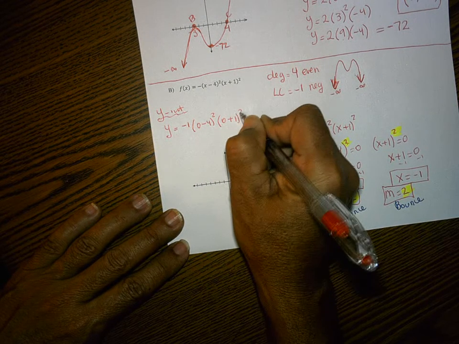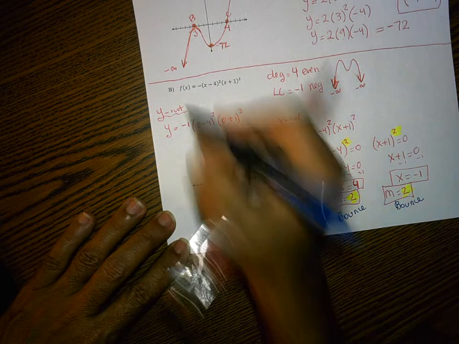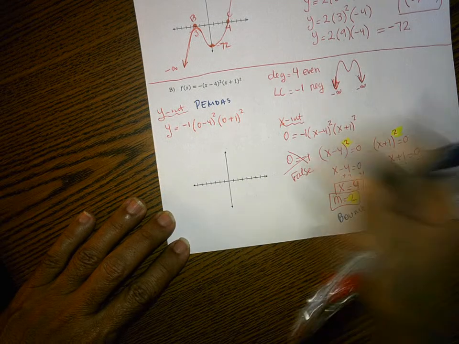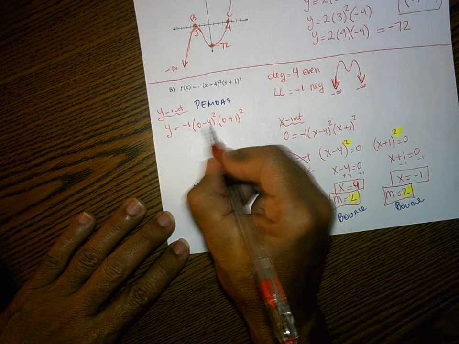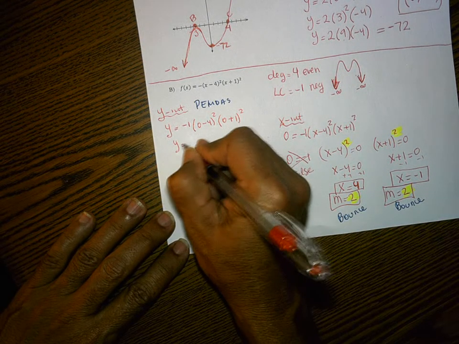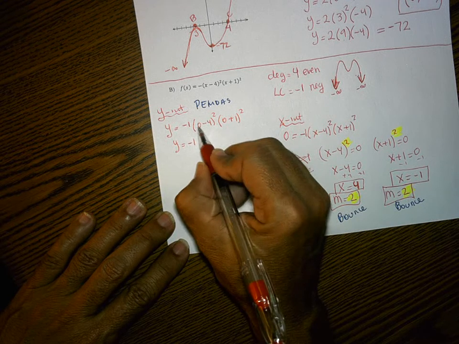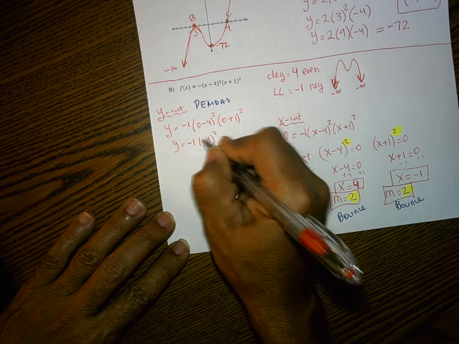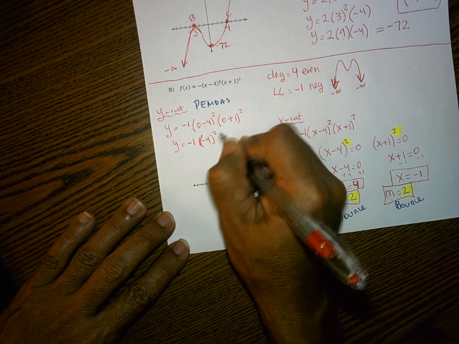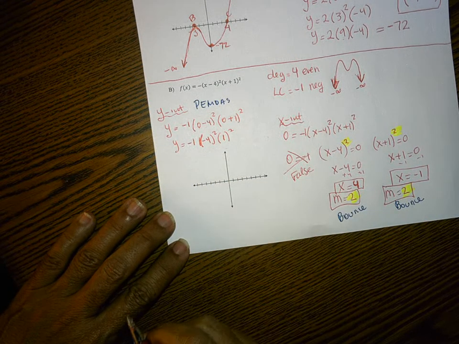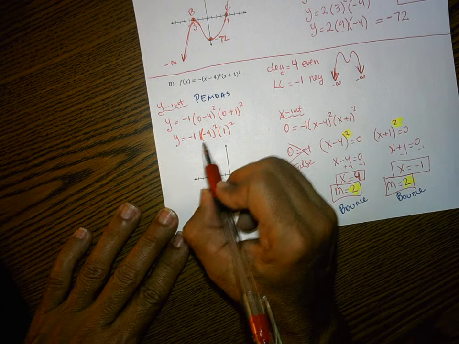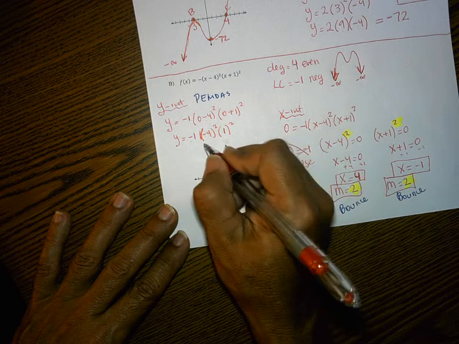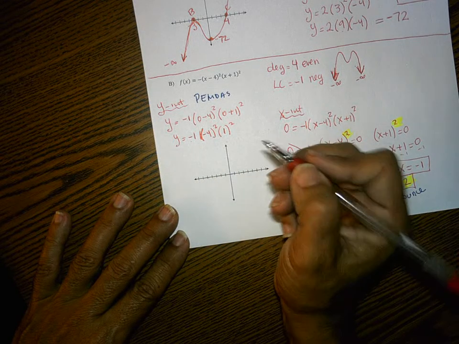Okay, we're going to obey PEMDAS. Okay, take care of the parentheses first. Inside of the parentheses, 0 minus 4 is just negative 4 squared. 0 plus 1 is just 1 squared. All right, so negative 1 times negative 4 squared times 1 squared. What's negative 4 squared? Negative 4 times negative 4 is 16.